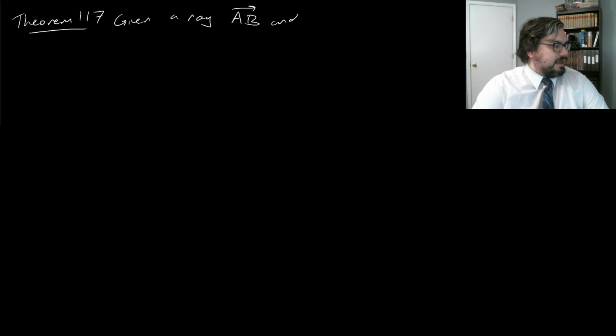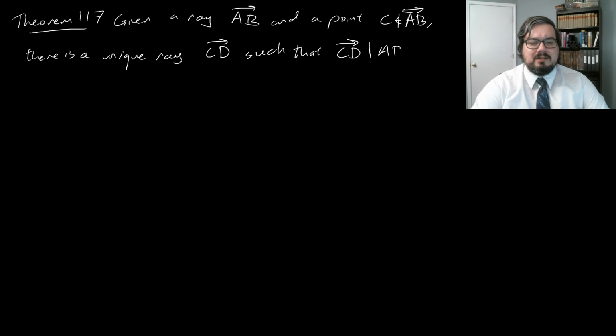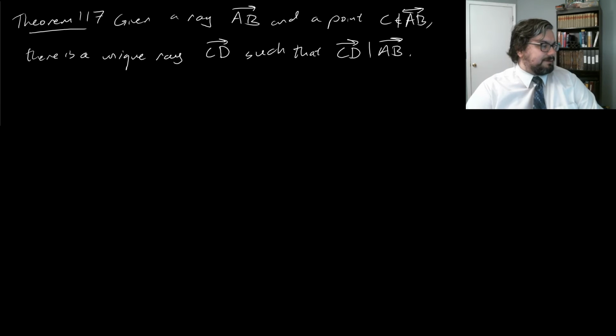All right, so as I said just now, Theorem 117: given a ray AB and a point C that's not on the line AB, there is a unique ray CD such that the ray CD is critically parallel to the ray AB.